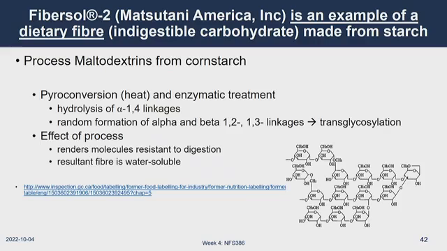And this is how it becomes resistant to digestion, because the digestive enzymes cannot recognize it easily. From this conformation or modification, the result is not only a starch or a polysaccharide that is resistant to digestion, but also a fiber that is water soluble. So this conformation helps it become water soluble.